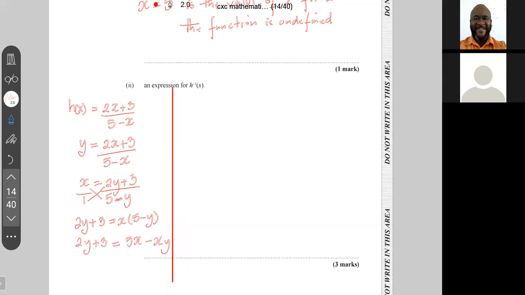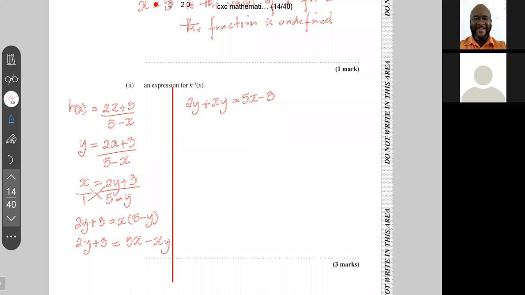Next, I'm going to group everything that has y in it on one side and everything that doesn't have y in it on the other side. I have 2y plus xy is equal to 5x minus 3. So positive 3 on the left goes over to the right and becomes negative.